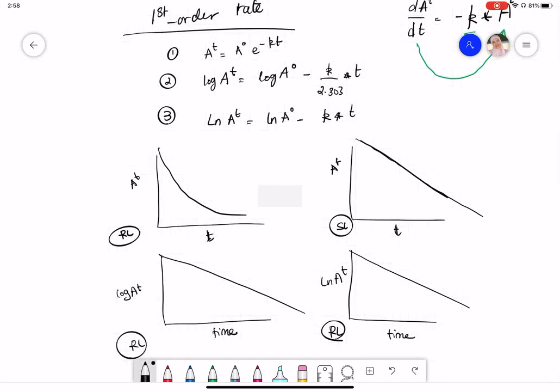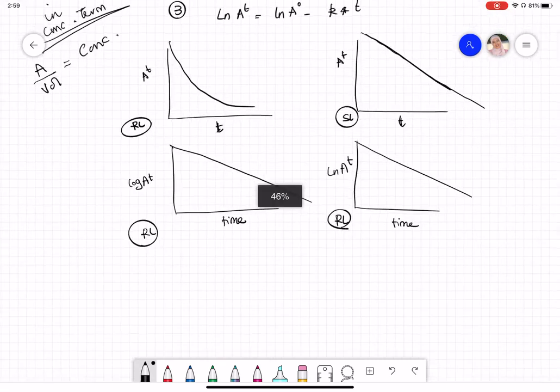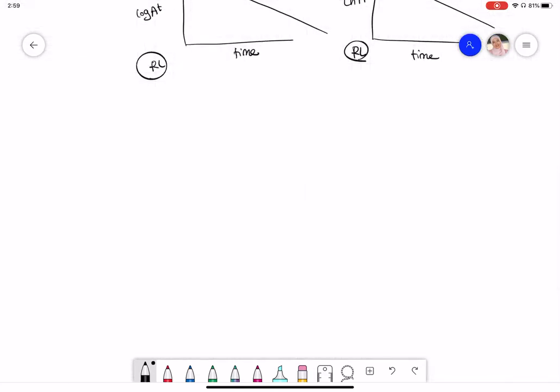And the same thing, we said that we can have the same equation in concentration terms by just dividing the amount over the volume to have the concentration, right? So I will ask you the question again, taking into consideration that our differential equation for first order kinetics is dA over dt equals minus k multiplied by the amount.